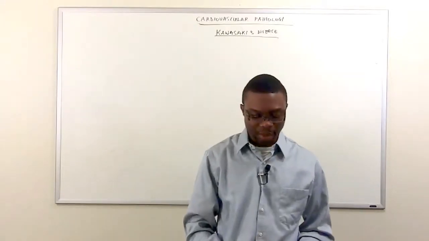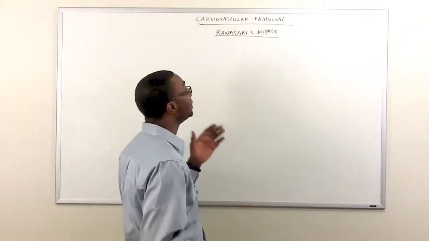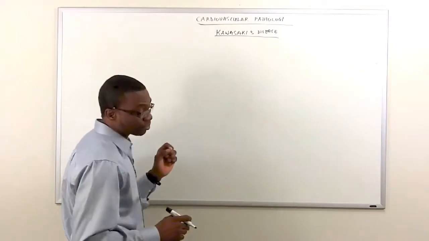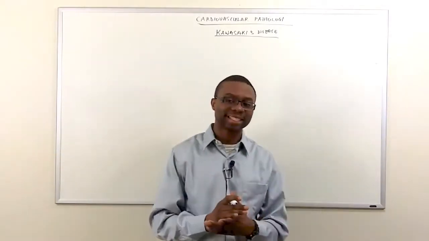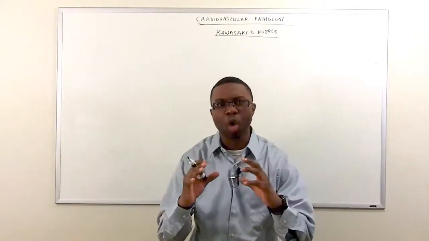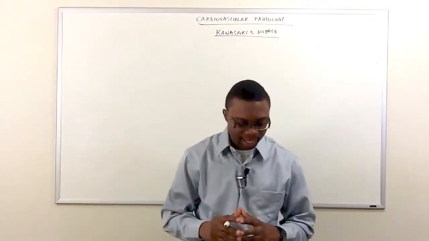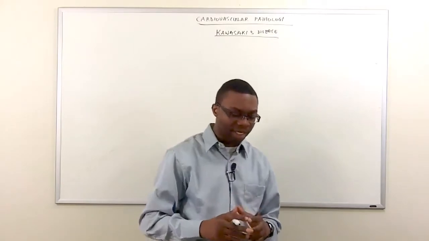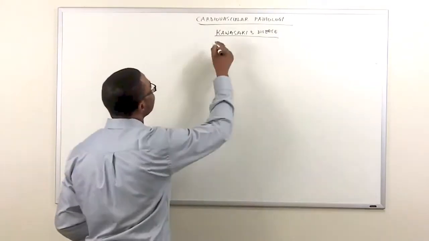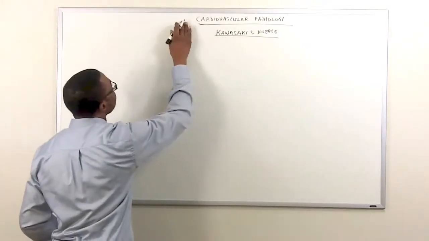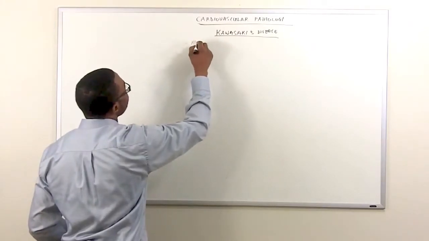The next lecture we shall be talking about is Kawasaki's disease. Now, we're going to always start with a case in this lecture because I think cases put all this disease pathology into one picture. Now, this is under medium vessel vasculitis.